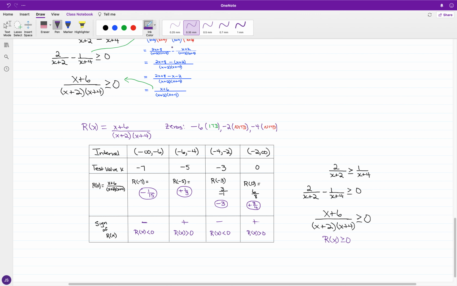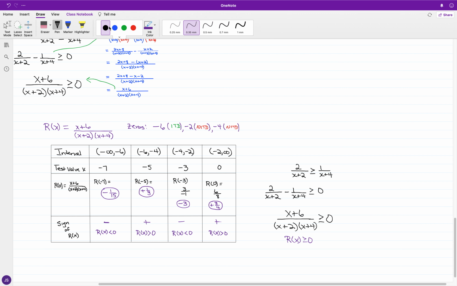And so for the solution, we have the same direction as r of x is greater than 0.